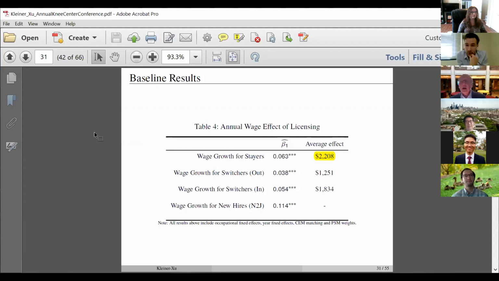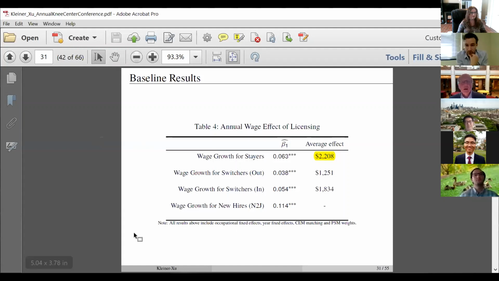You've attained a license, but you're no longer in a licensed occupation. You don't need the license to do your work, but you still gain somewhat. And the wage growth for people who switch in, that is people who are in a non-licensed occupation and then switch into a licensed occupation, is about $1,800, less than those individuals who are stayers.